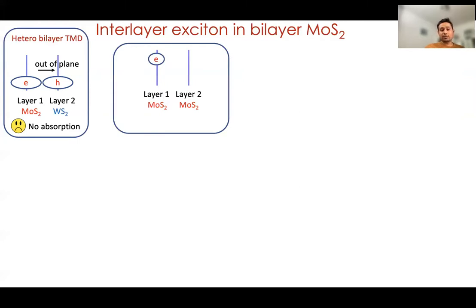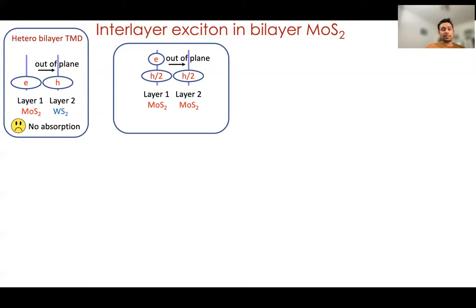Now let's move to bilayer MoS2. Naturally occurring bilayer MoS2 has a very peculiar charge distribution. You see the electron is confined in one layer. However, the hole is free to move among both the layers. And this is at the heart of the nonlinear property.